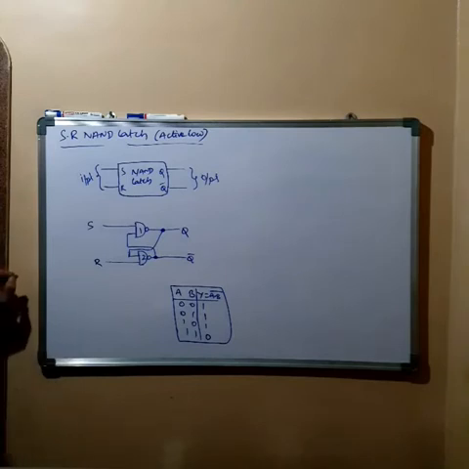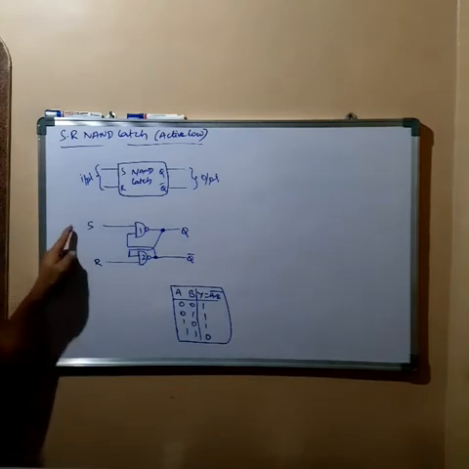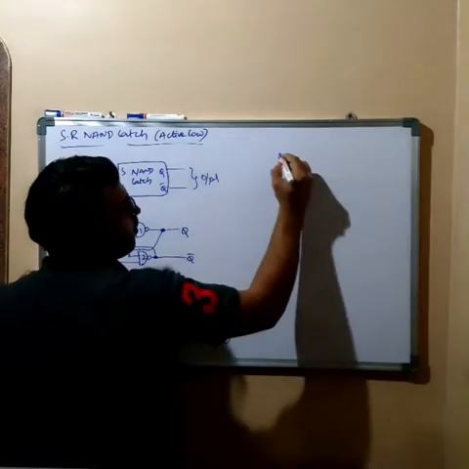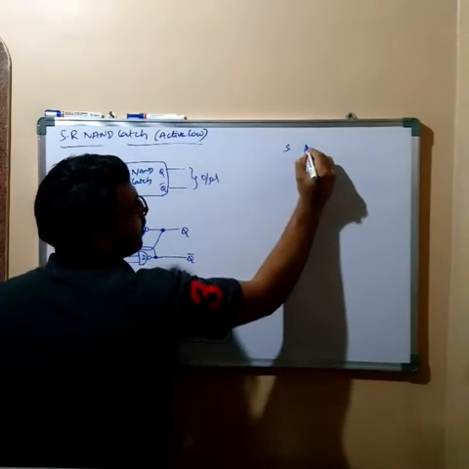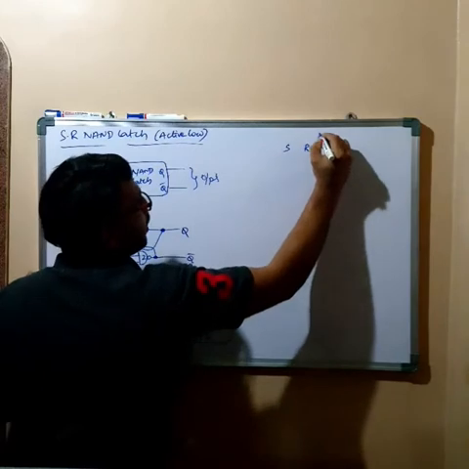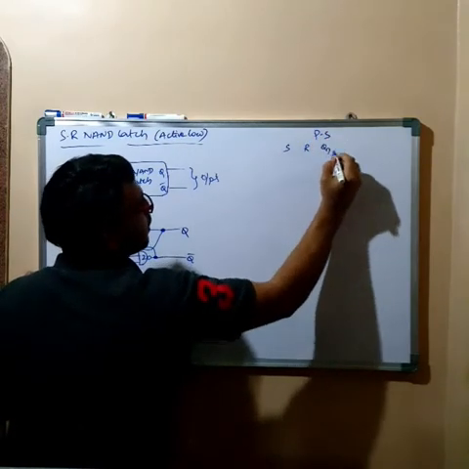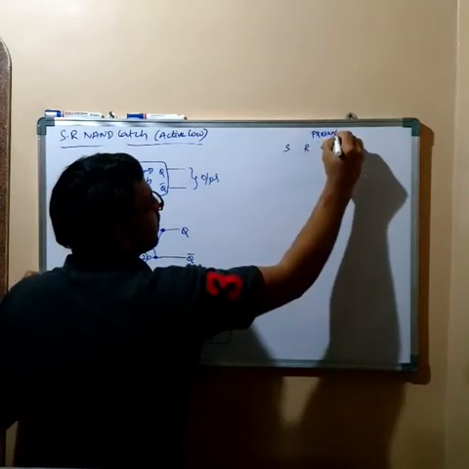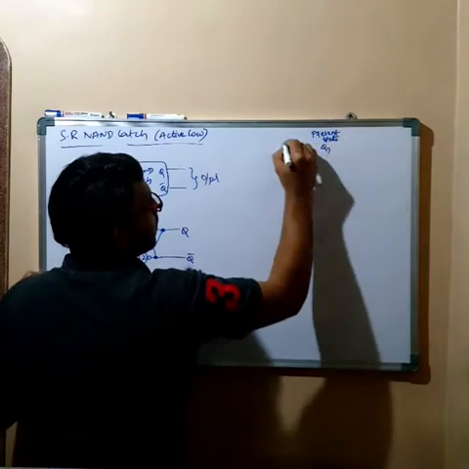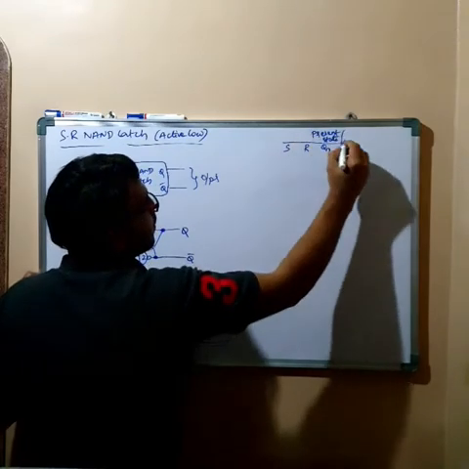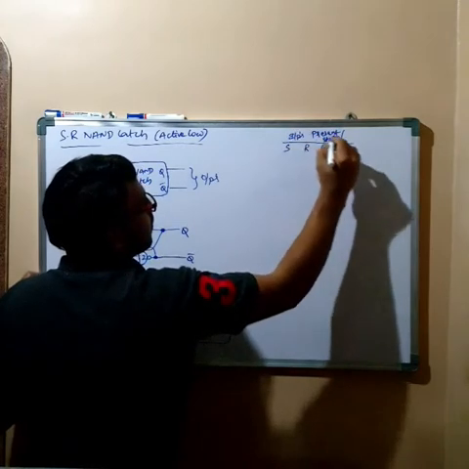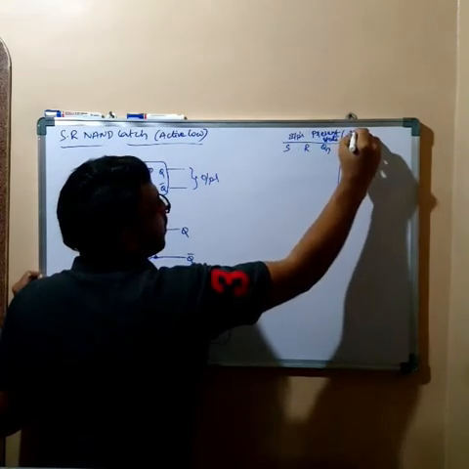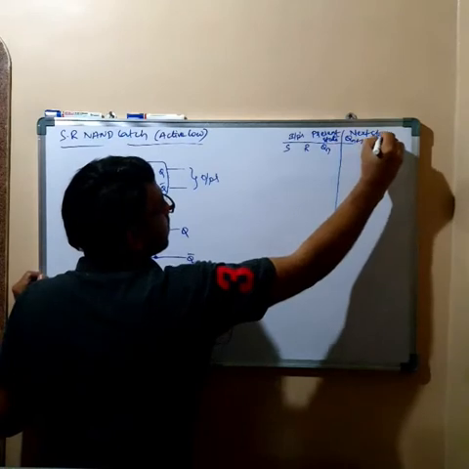As per our previous discussion, these two are the inputs, and the past output or present state is also considered as input. So let us repeat the truth table: S, R, Qn, the present state, are the inputs, and Qn plus 1 is the next state.